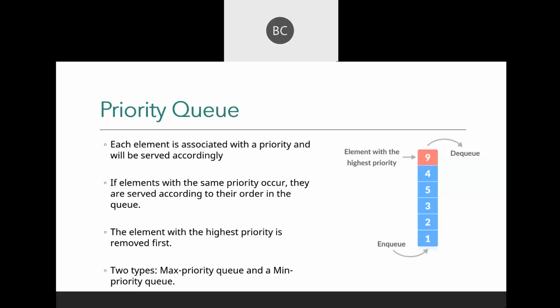Okay, so there are mainly two types of priority queues: max priority and min priority. Another way to say it is ascending order priority and descending order priority. Ascending order means you arrange all the items in ascending order, that means 2, 4, 5, 6, 7, 8, like this.